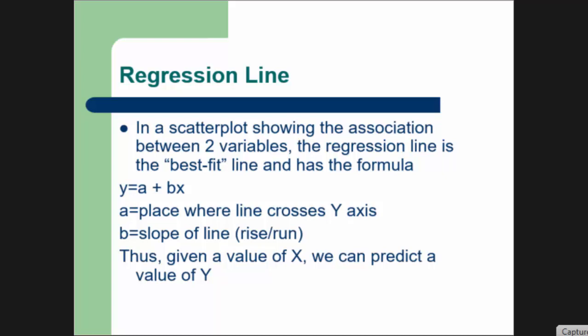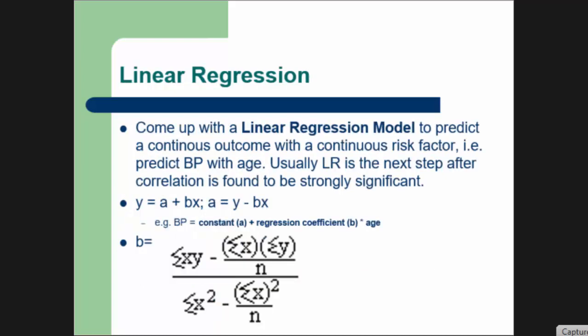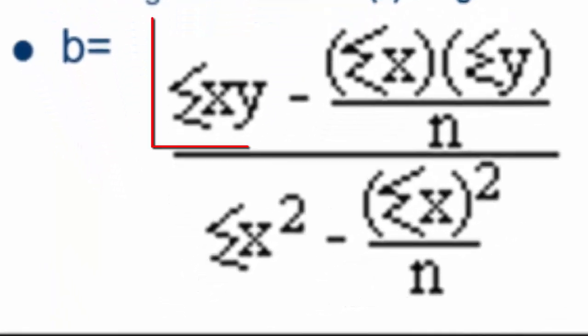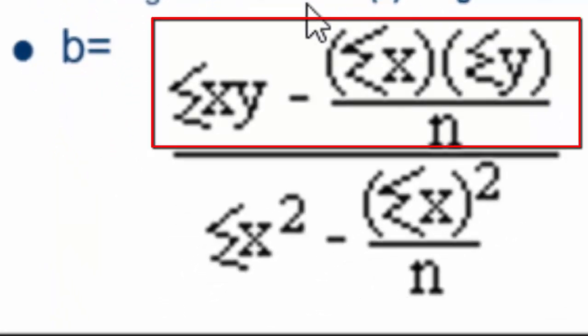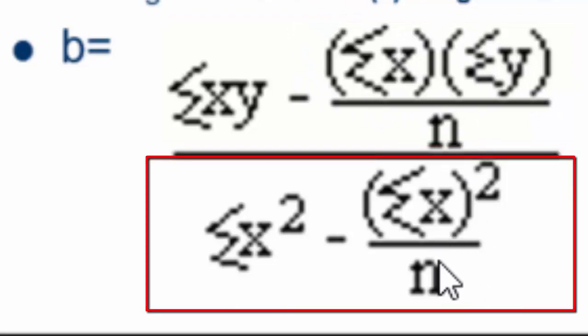The value of b is very, very difficult to calculate. Why? It is so complicated. But if you look carefully, it is part of the formula that you use for correlation. If you remember back your correlation, this is a, this is really b.